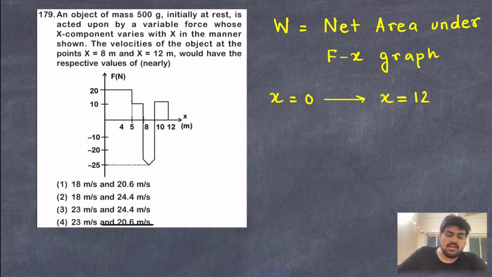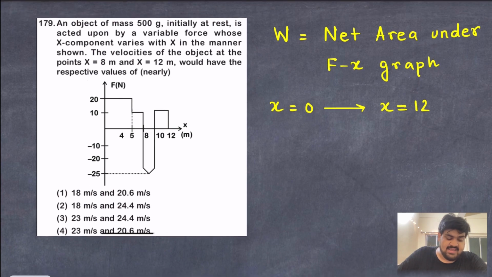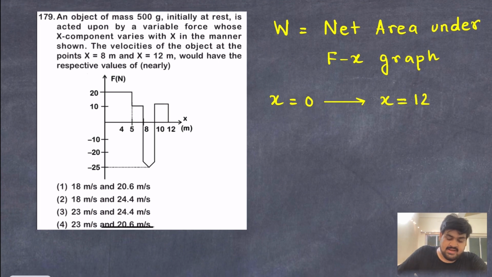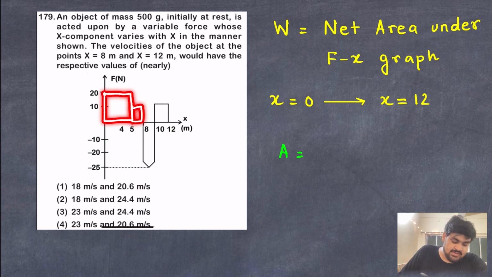First of all, again we have to find the net area. The net area will be this area plus this area, minus this area. Why minus? Because anything lying under the x-axis will be taken as minus.